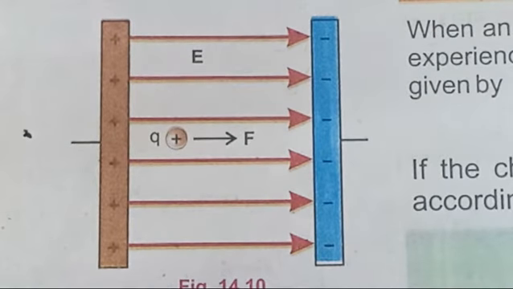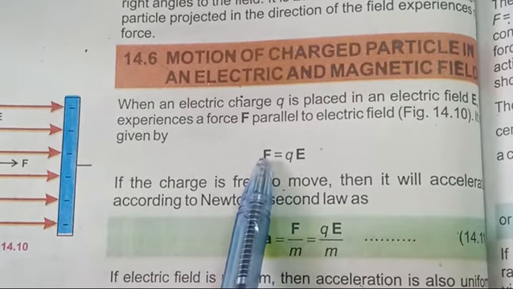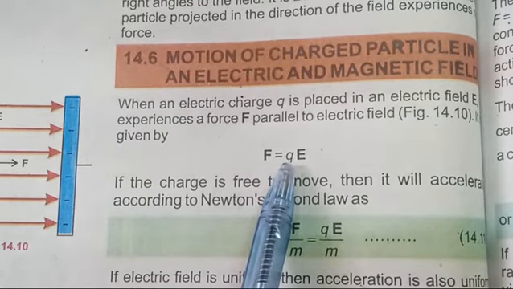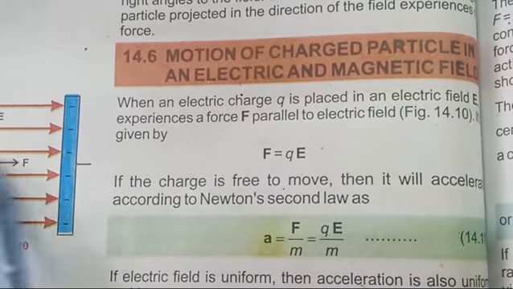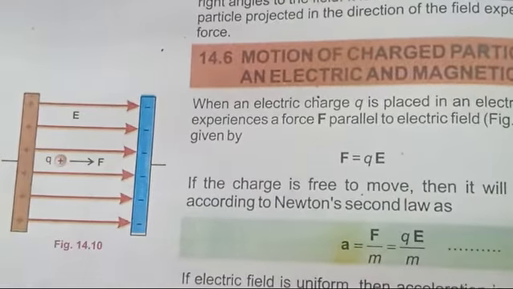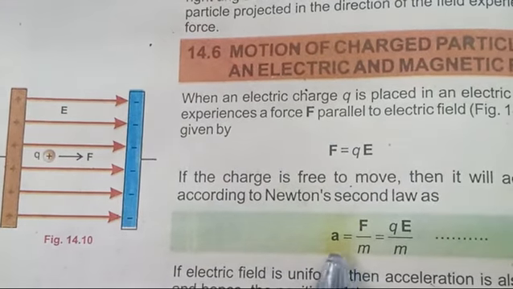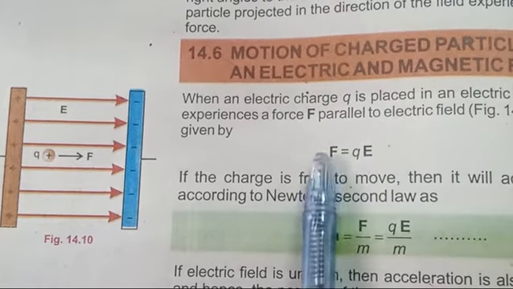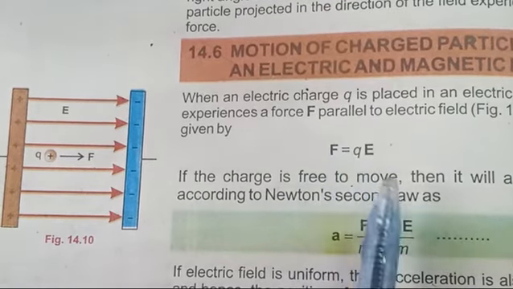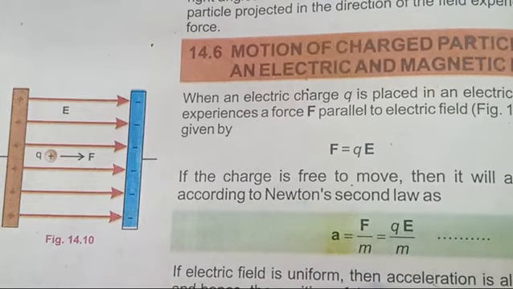So the acceleration is written as QE over m.